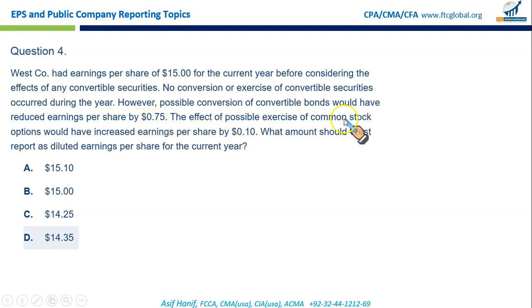The effect of possible exercise of common stock options would have increased earnings per share by 0.10. Now this is important. Our convertible bonds, they are dilutive, and their dilutive potential is that they are going to reduce EPS by 0.75. However, possible exercise of common stock options would increase EPS.